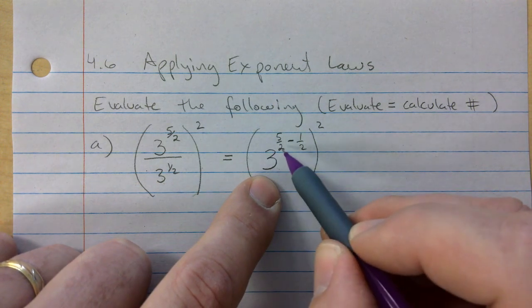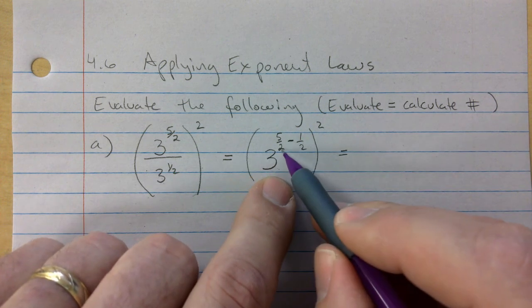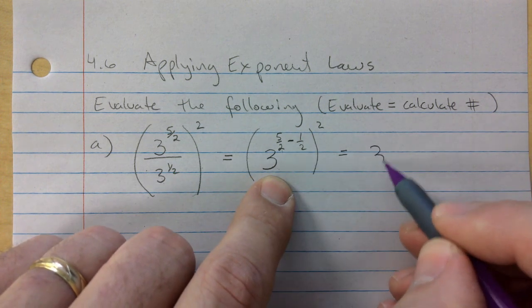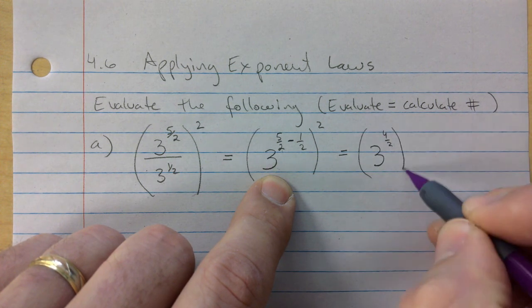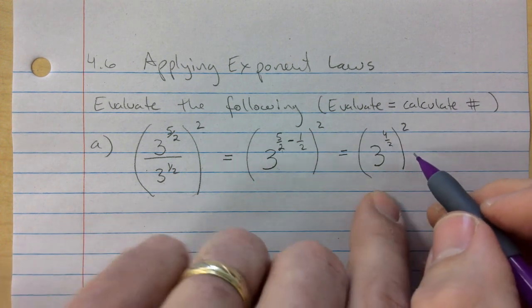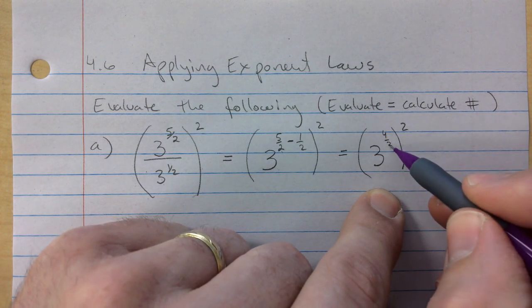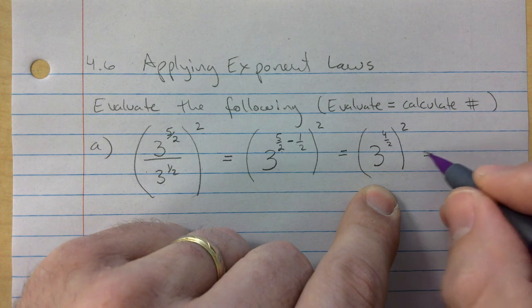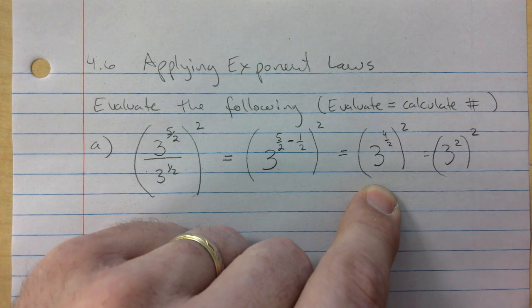So same base, so we can subtract. And then in this case, they have the same denominator. So it's really just (4/2) squared. I would try to simplify this. 4/2, that's just 2. All of that squared.